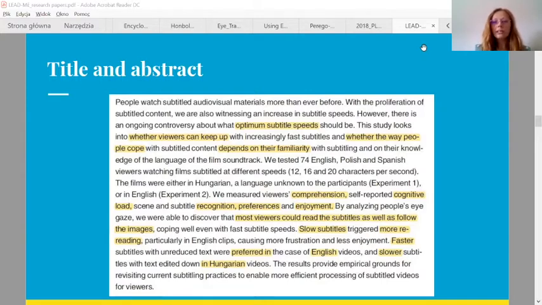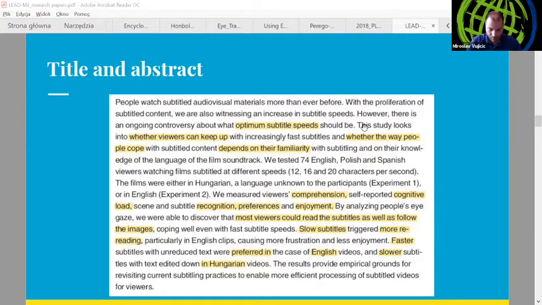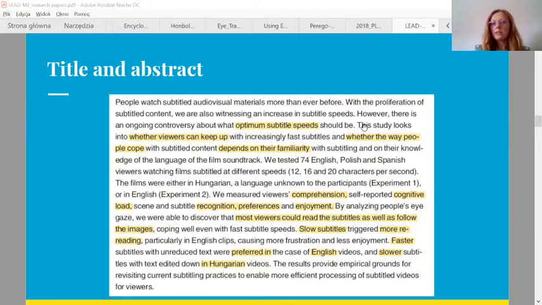And then we get into actual data that we want to get, the information that we want to extract from this abstract, right? We have some kind of a controversy concerning optimum subtitle speeds. So already in this phrase, I know that the authors are interested in the speed, in the optimum speed, or how the speed affects viewers, right?